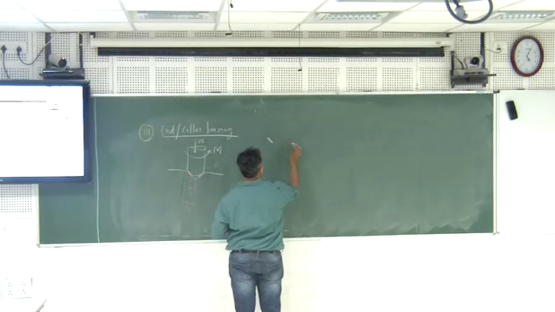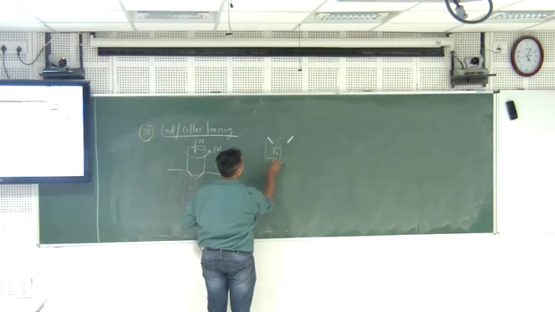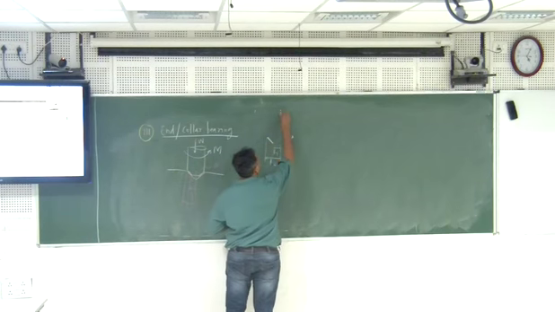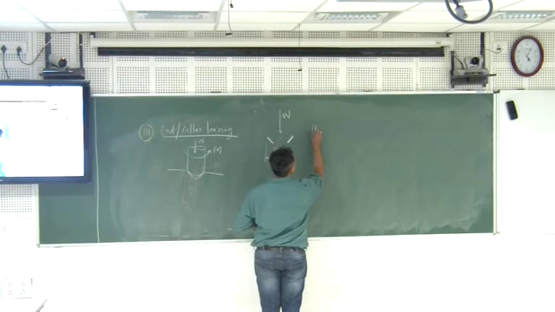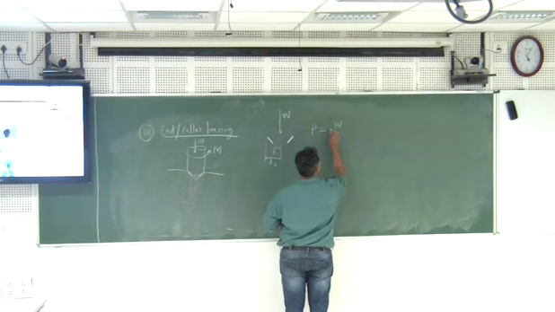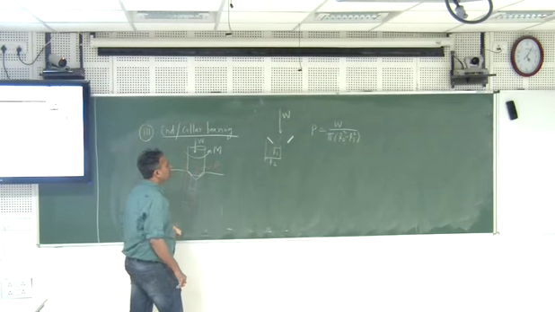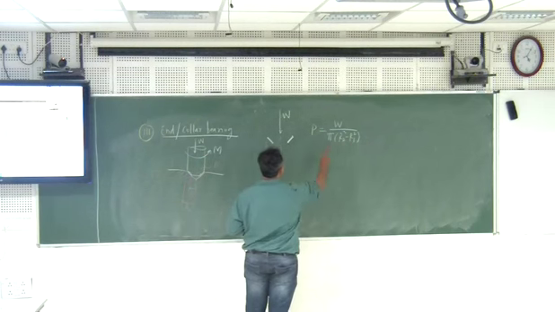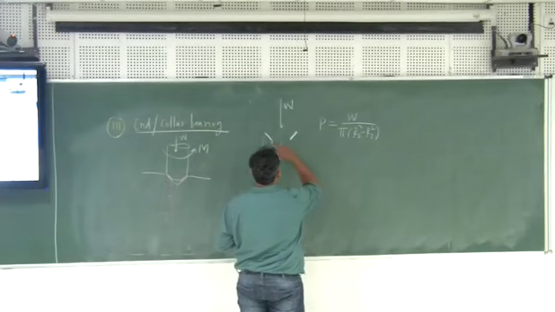So this is your contact region, this is your R1, this is your R2, and the load applied is W. The pressure which is distributed over here will be P, which is nothing but W divided by pi times R2 squared minus R1 squared, right?